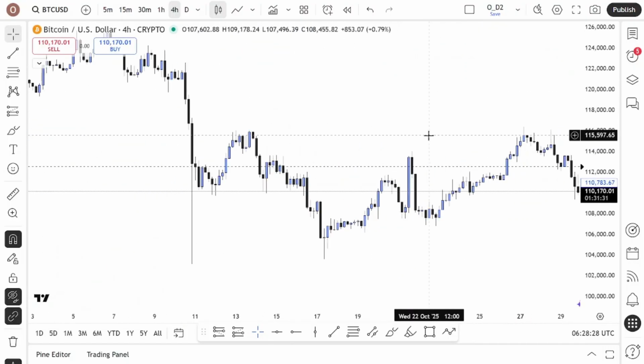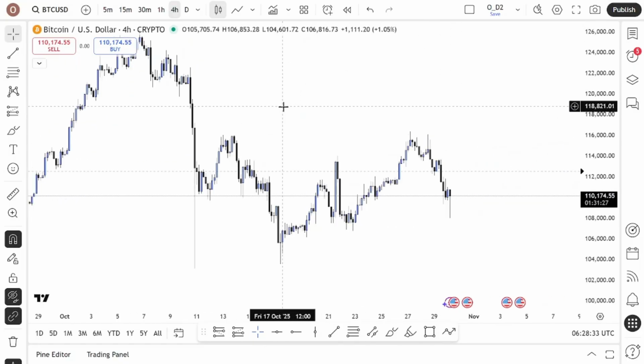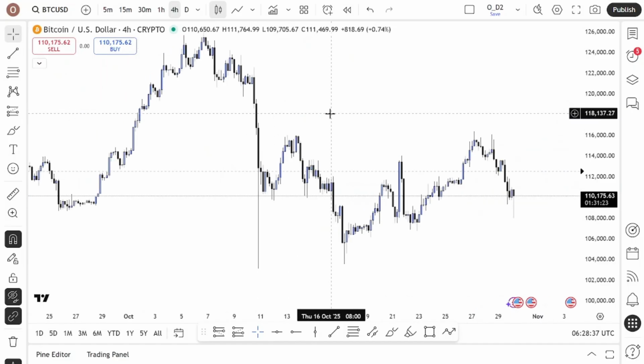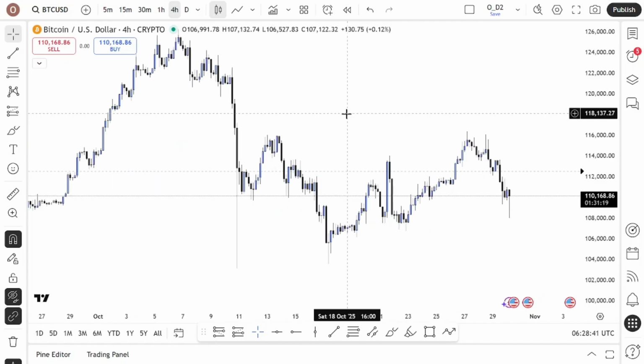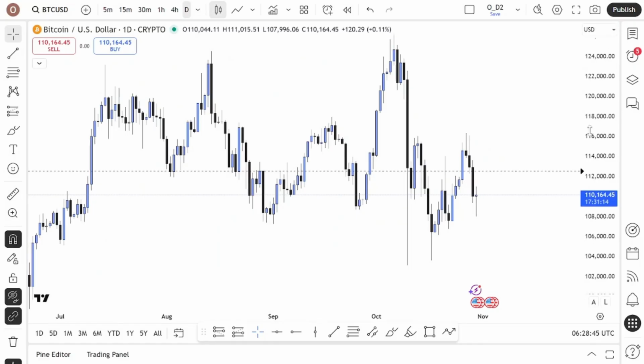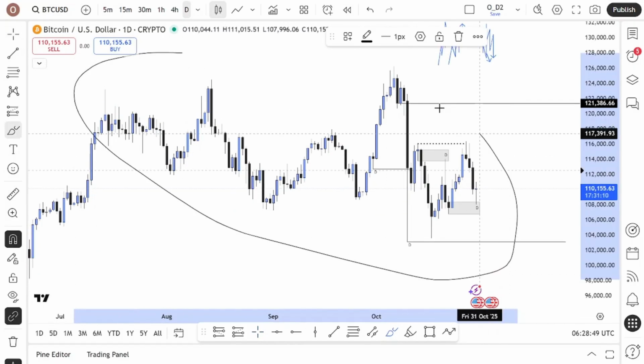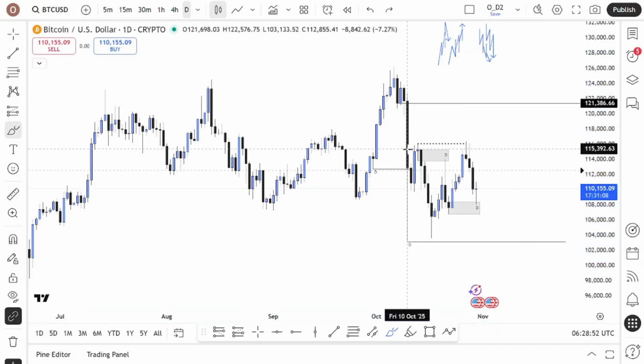All right, now simple structure is whenever you come to your charts, you should learn to go a little bit backwards to understand these things. Okay, let's go to the daily time frame. You should learn to look at what has happened in the past to be able to understand where price currently is.